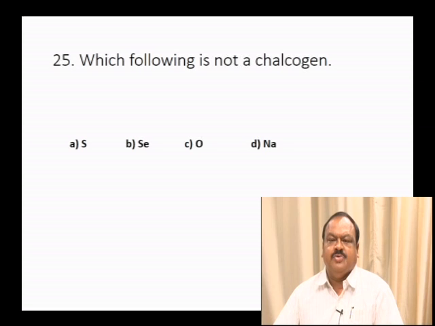Among these, sulphur belongs to the oxygen family, selenium belongs to the oxygen family, oxygen also belongs to the same family, sodium belongs to the first group of the periodic table called s-block elements, that is alkali metals. So this is not a chalcogen. So suitable answer is D.